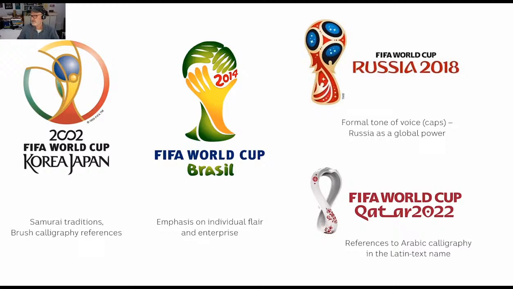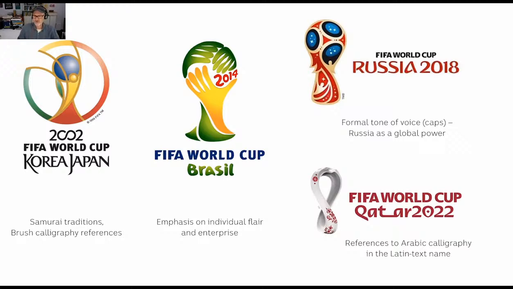But it's extremely difficult to define exactly what makes it Korean or Brazilian or Russian. If we look at the Brazilian one in the middle there, for example, Brazilian football, Brazilian soccer has long been known for its emphasis on individual flair and enterprise, very much more so than many other countries and regions around the world whose football might be, for instance, much more defensive or much more heavily structured.